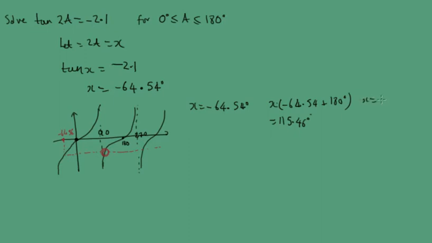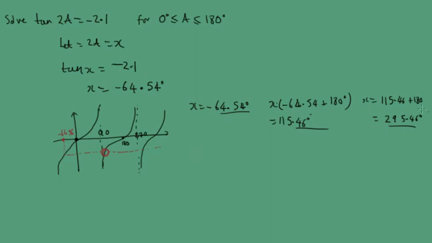X is equal to 295.46, let's make it clear. So we take this value and then add another 180, which will give us 295.46 degrees. And you can keep going if the domain was larger. If it was between like 360, for example, you just keep adding 180.